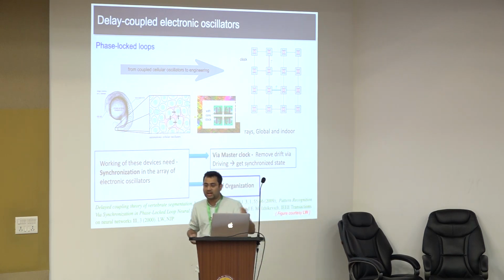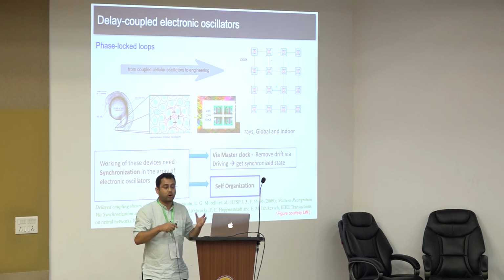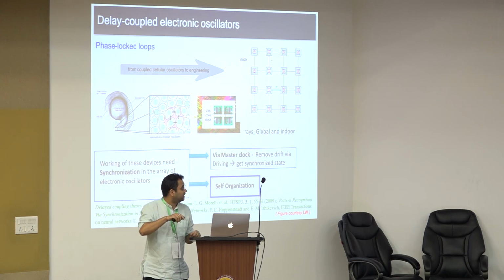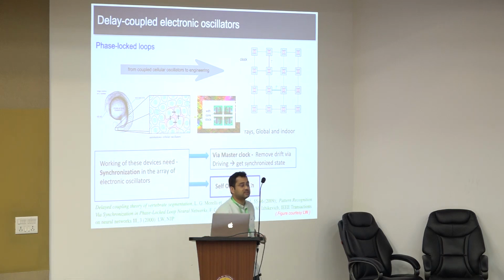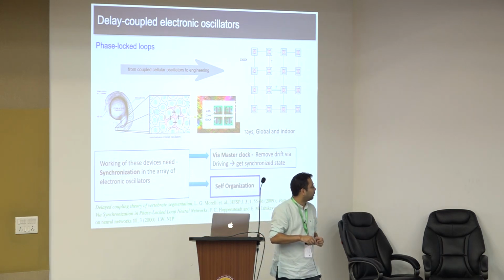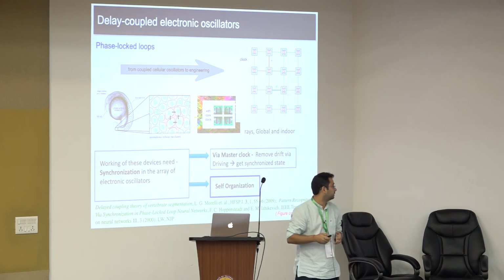In the last session it was also talked about how this synchronization happens even if there is noise in the system and with a lot of heterogeneity because of the natural diversity in these oscillators.